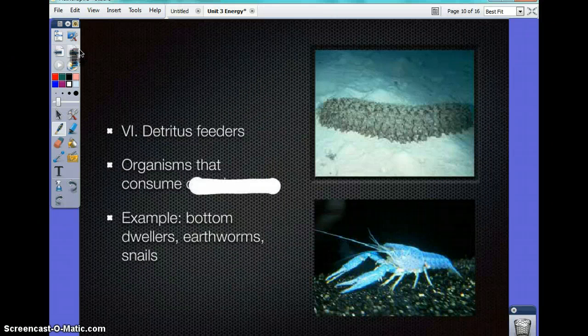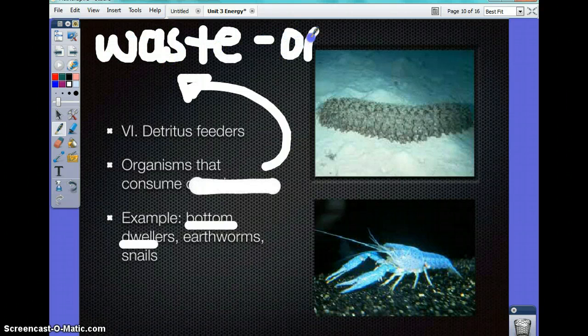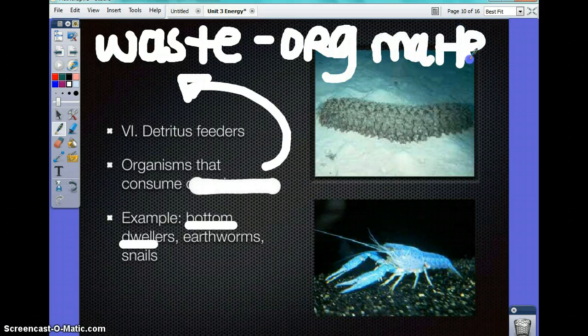Okay. What's the difference between detritus feeders and decomposers? What do detritus feeders consume? Bottom matter. Okay, detritus feeders consume waste while decomposers break down waste. So that's the difference. What do they normally feed off? Waste? What kind? Not garbage.